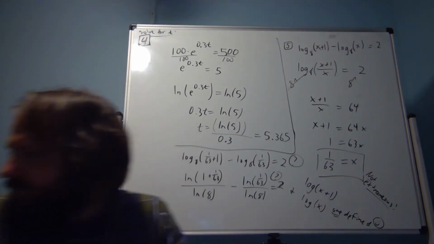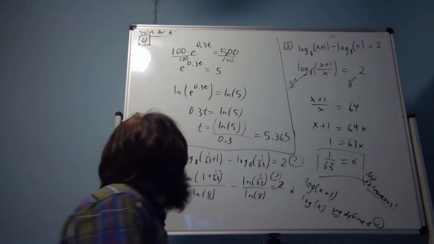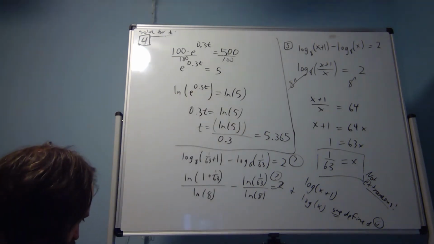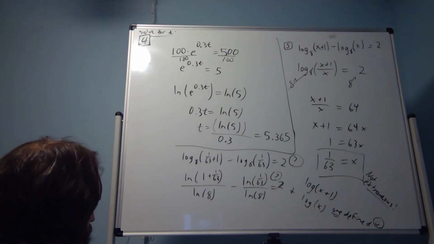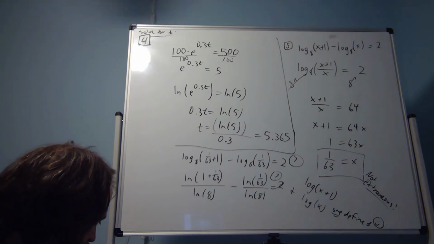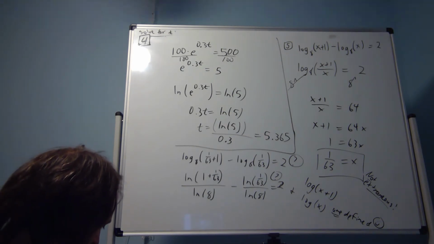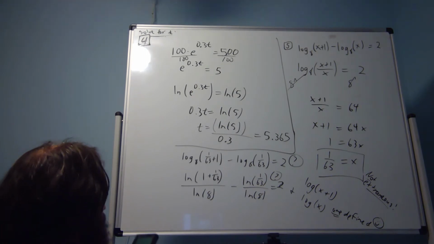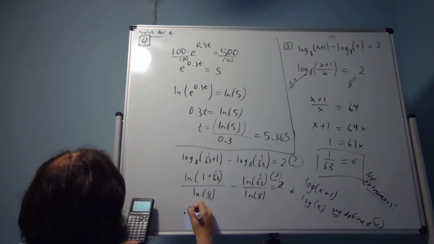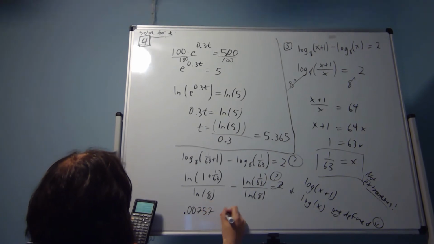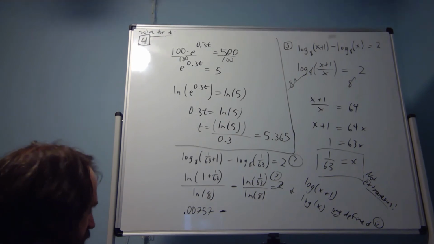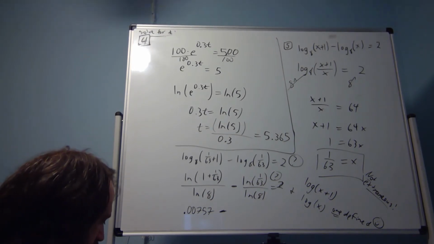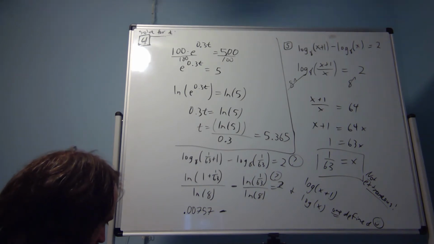Calculator, I put it somewhere. There it is. So I'm going to keep this minus right here, and I'm going to compute the other part of that in my calculator. So ln of 1/63 divided by ln of 8.